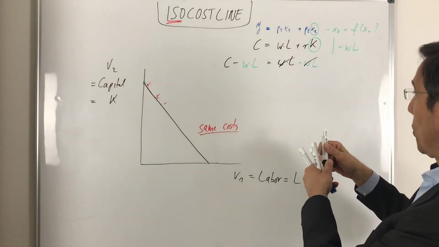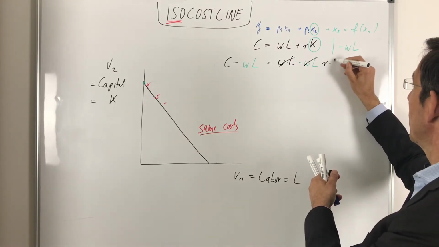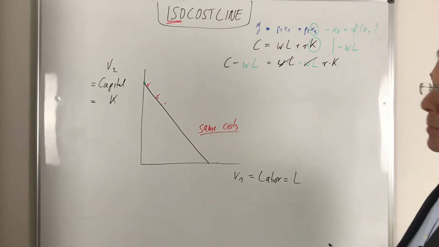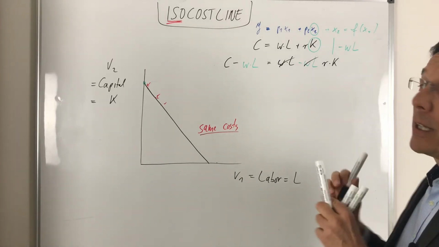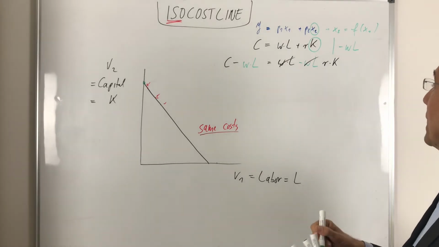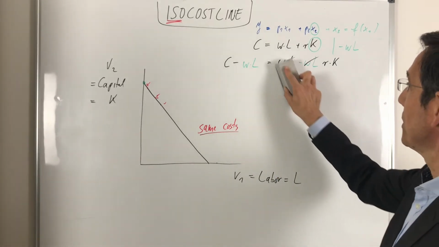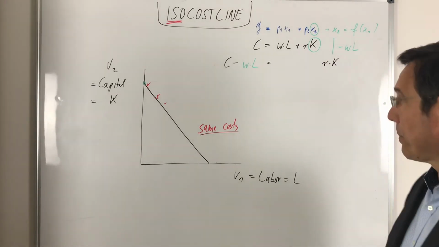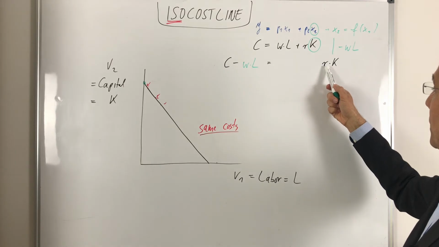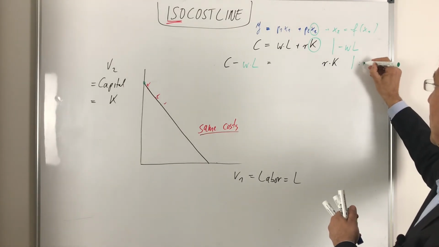And then we have on the right hand side of the equation still R times capital K. So we are pretty close to our target. The next step we have to do is just to divide by R.